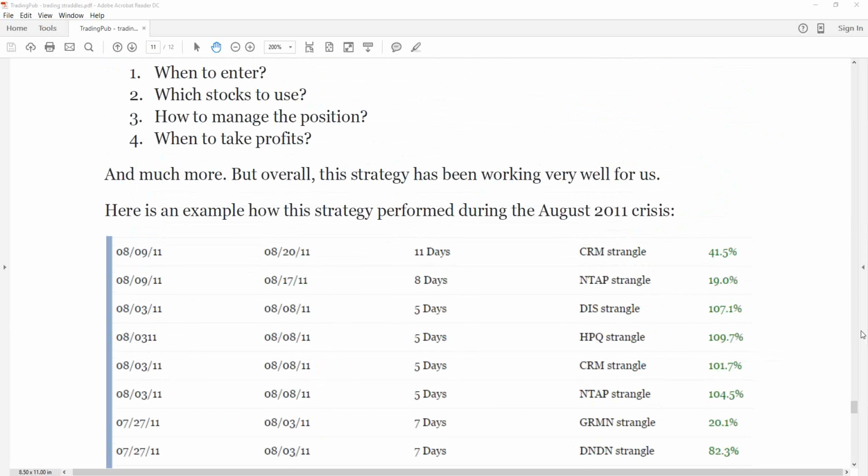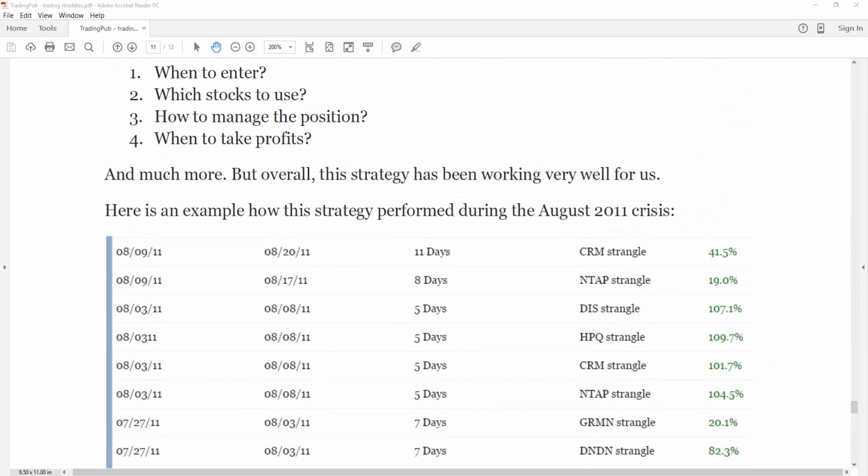Would it be possible to show an example backtest? Yes. Do you use OptionSlam to research earnings trades, and if so, what do you find useful there? Okay.